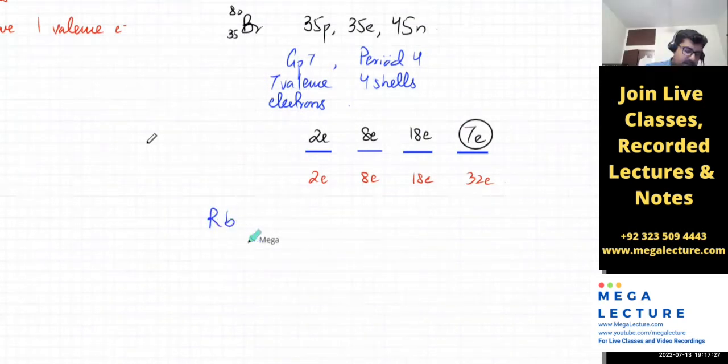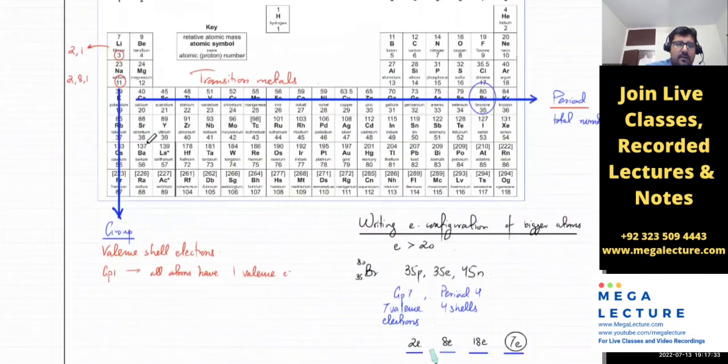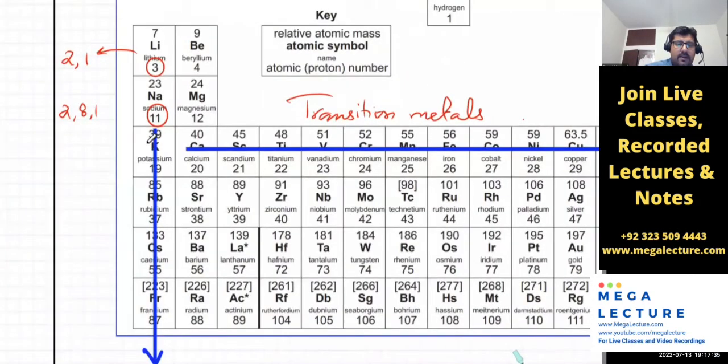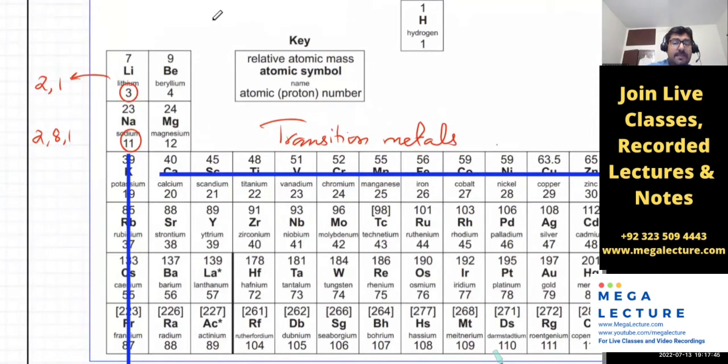Sorry, yes, it is group 1. Rubidium is group 1, right? The numbers, that's 37 and 85, right? That's in group 1 and it's in period 5, right? The first period is the one that's the empty one. 1, 2, 3, 4. It's in the 5th period.